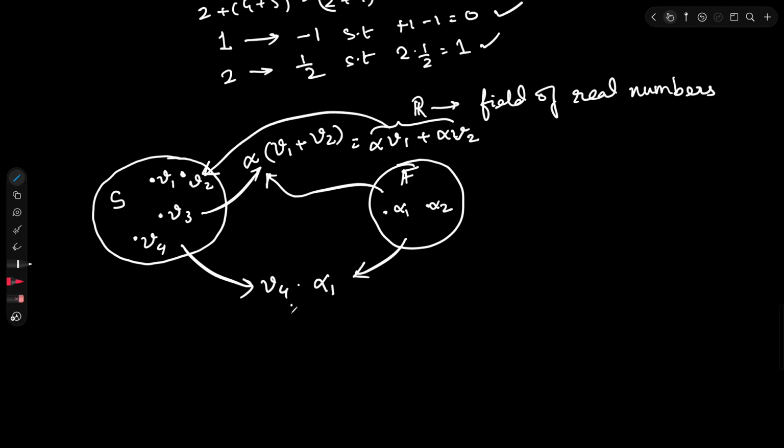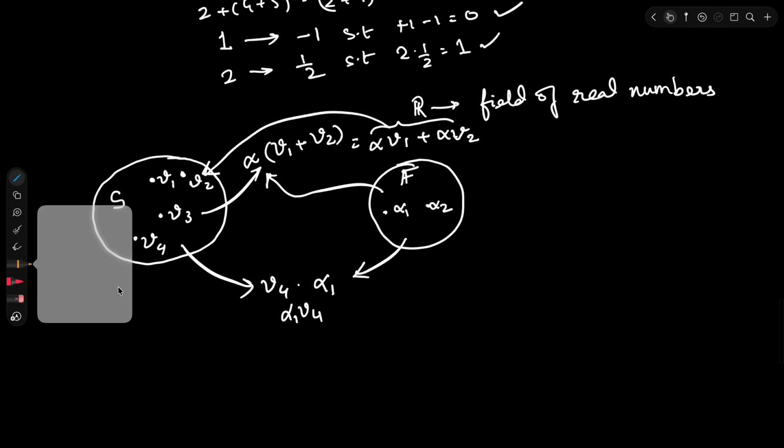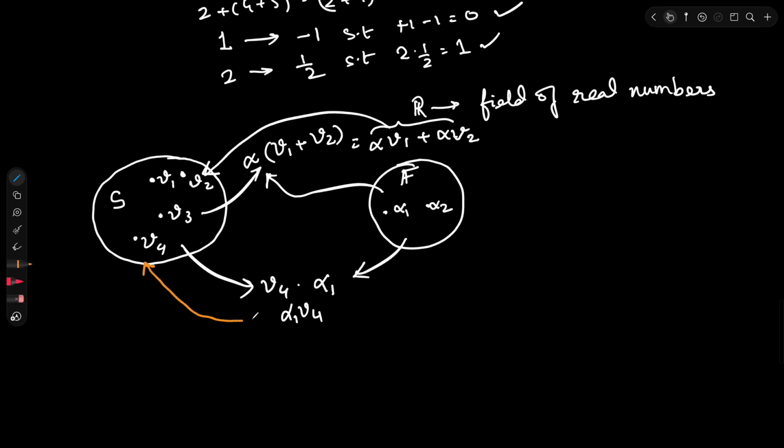If we multiply them it becomes alpha 1 v4, and if alpha 1 v4 belongs to this set itself, then this set S is called a vector space over the field F.